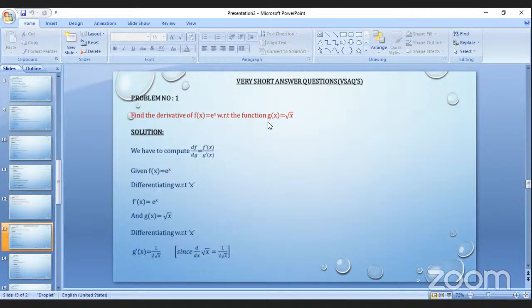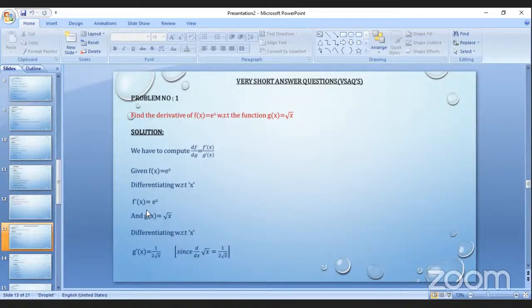And given g of x equal to root x, differentiate with respect to x: g dash x, the derivation of root x, is 1 by 2 root x. We know the formula d by dx of x power n equal to n into x power n minus 1.